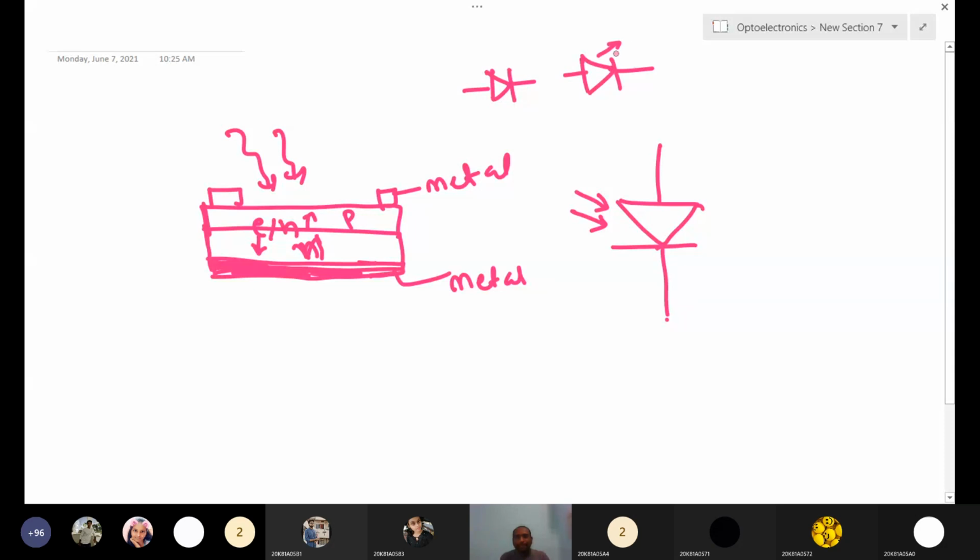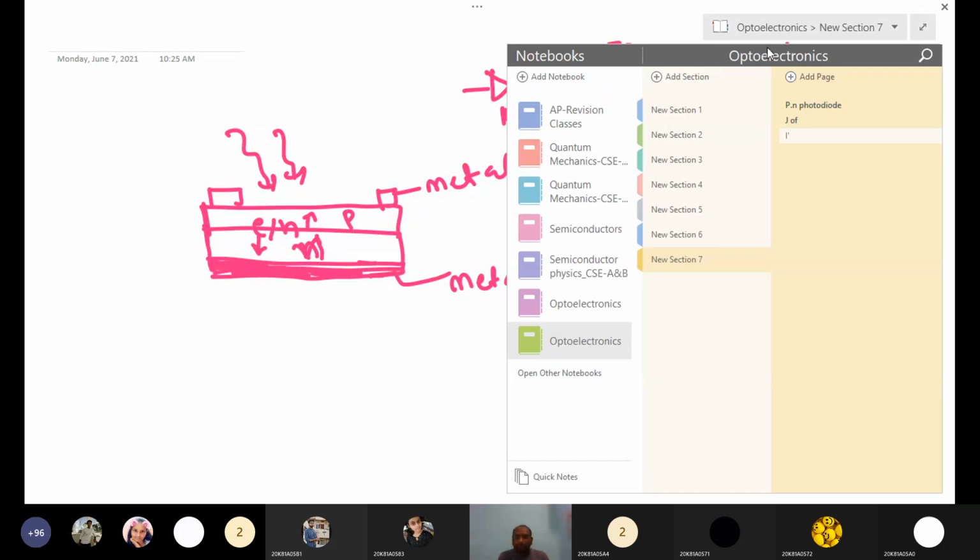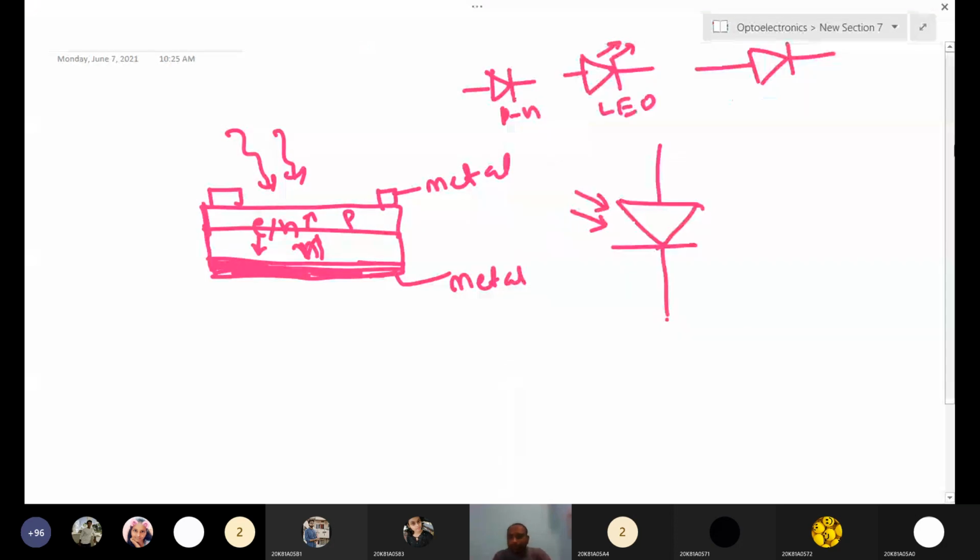And the third one we are drawing is the solar cell symbol. Here you can draw the solar cell or photodetector symbol. Light is received here, so the arrow is inward. For LED, the arrow is outward. That is the symbol.